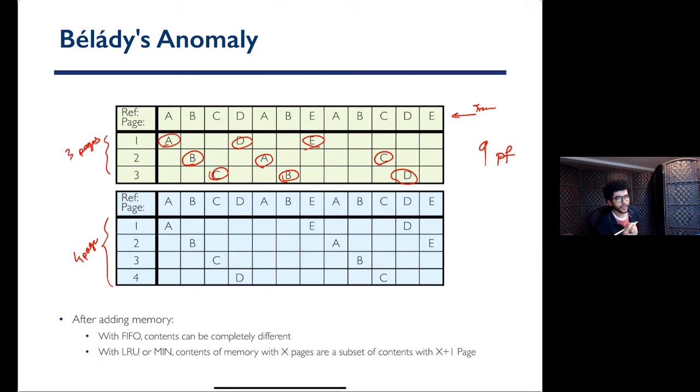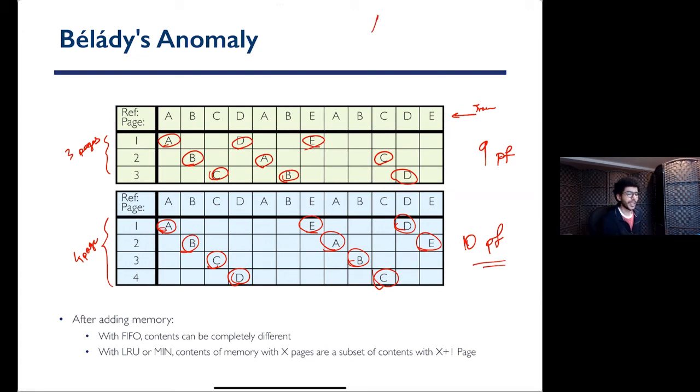And run FIFO again. Again, I'm not going to run it, but let's look at the results. 1, 2, 3, 4, 5, 6, 7, 8, 9, 10. So I increased the size of my memory and I got more page faults.